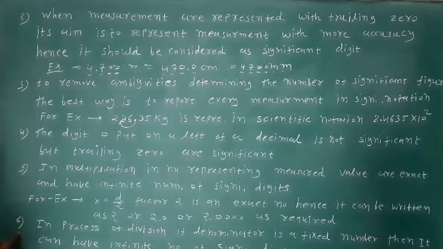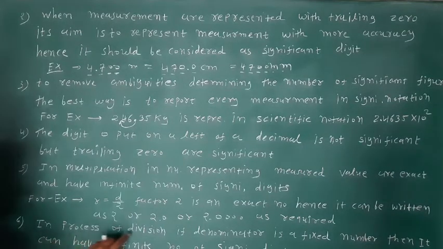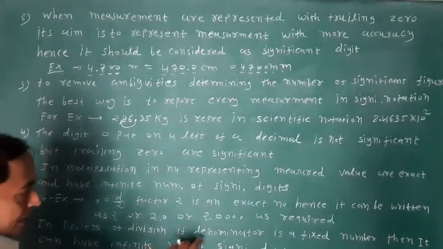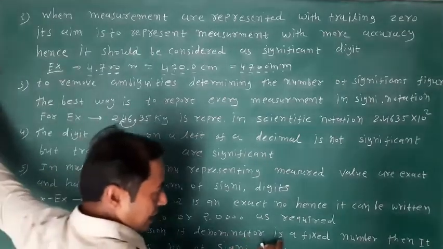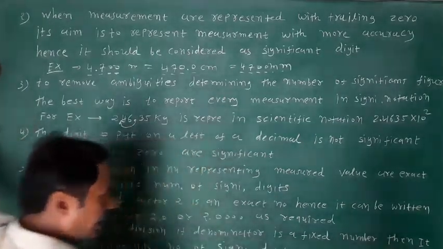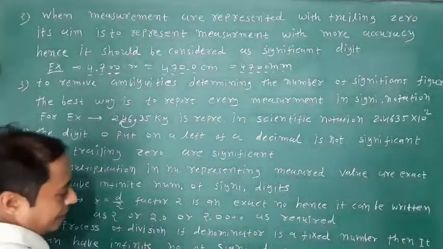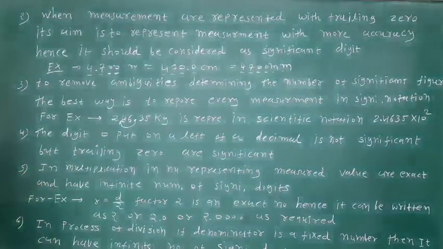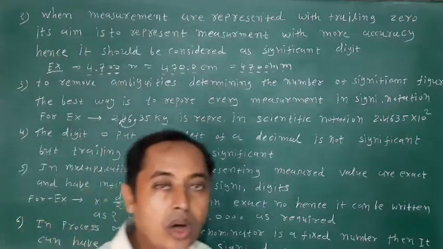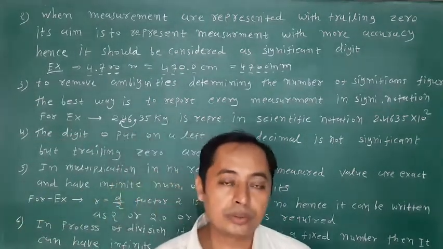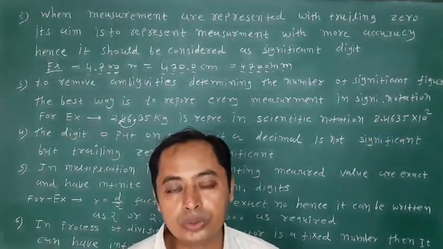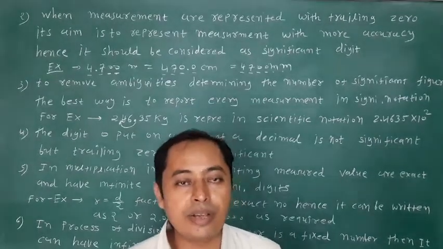And last, in the process of division, if the denominator is a fixed number, then it can have an infinite number of significant digits. Friends, all these are significance rules. It is very useful to find the significant numbers.